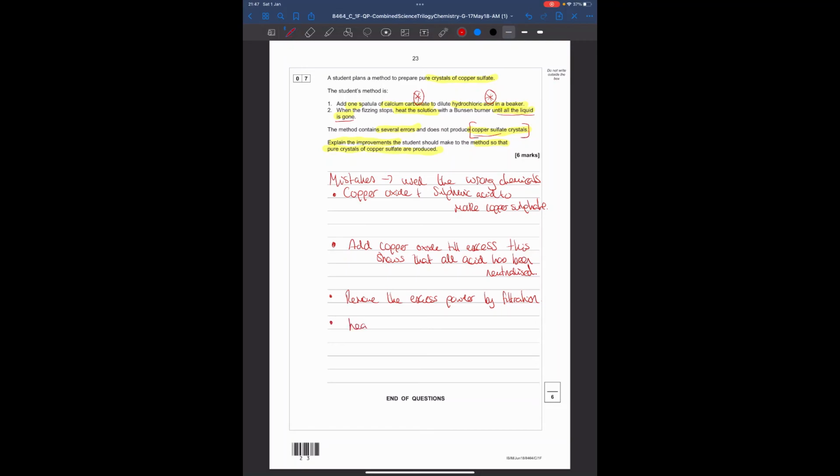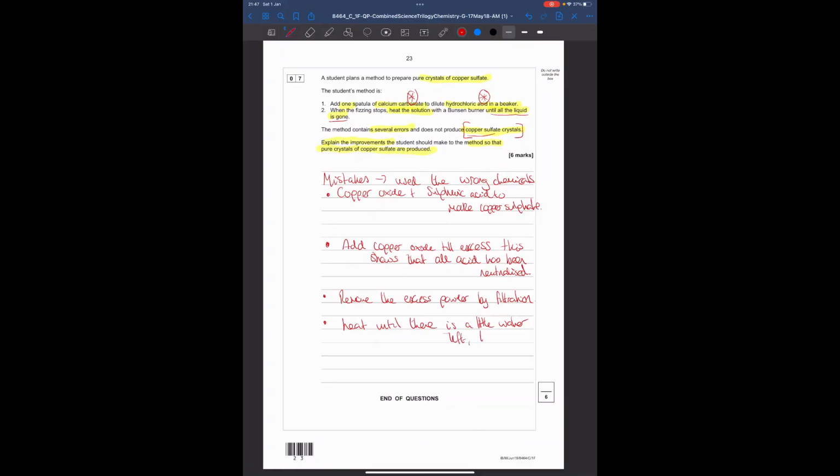So you heat until there is a little water left, and this allows crystals to form.